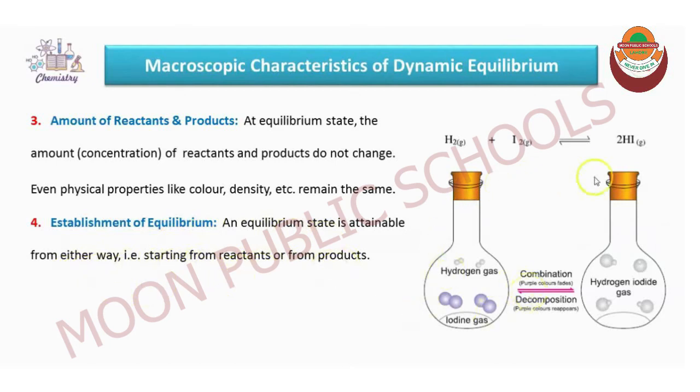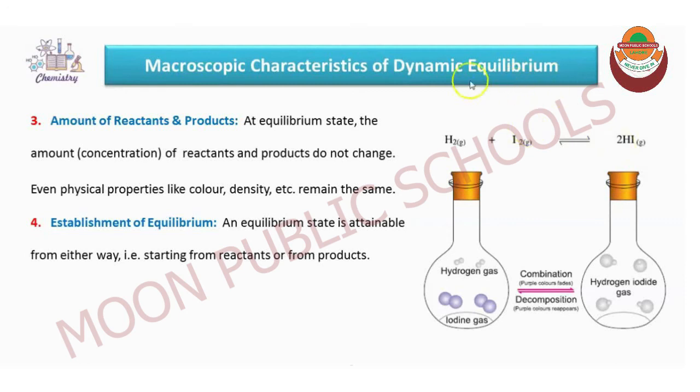There are two components of a reaction, reactants and products. These two components will be balanced, equal to each other. Their concentrations will be equal. The molar concentration or the weightage or physical properties like color will be the same, and we can achieve this reaction from both sides, from the reactant side or from the product side.